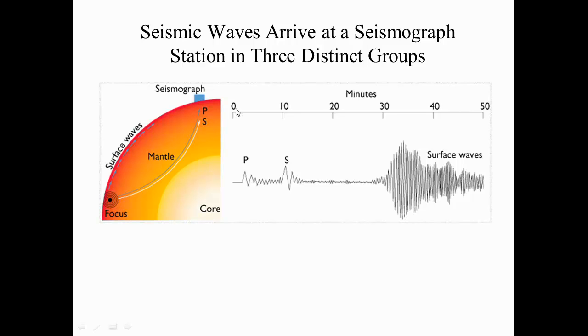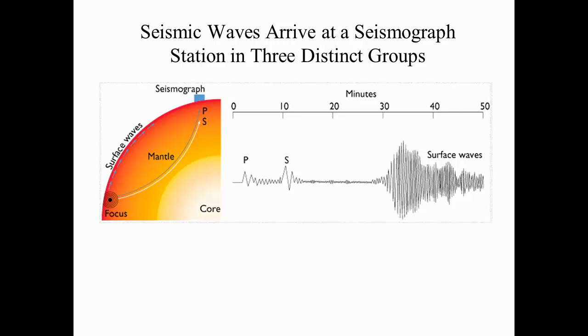And here in this figure towards the right, we have a typical seismogram recording. We can envision this seismogram as having been recorded on that chart paper, on that rotating drum. And notice that it's scaled in minutes, ranging from 0 to 50 minutes, going from left to right.